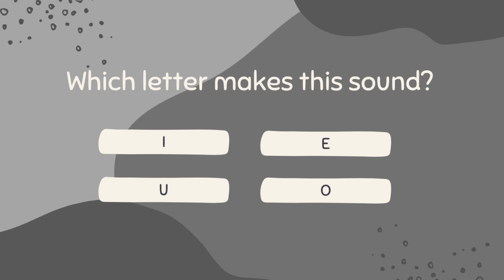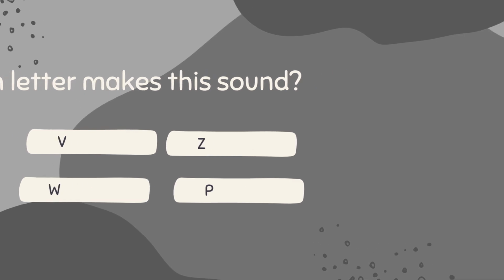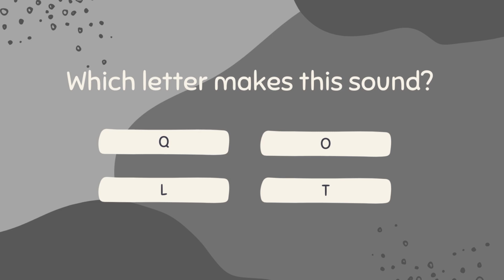E. Which letter makes the sound E? E. Which letter makes the sound W? W. Which letter makes the sound O? O.